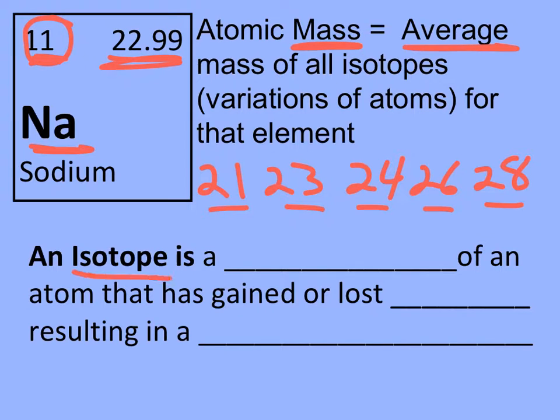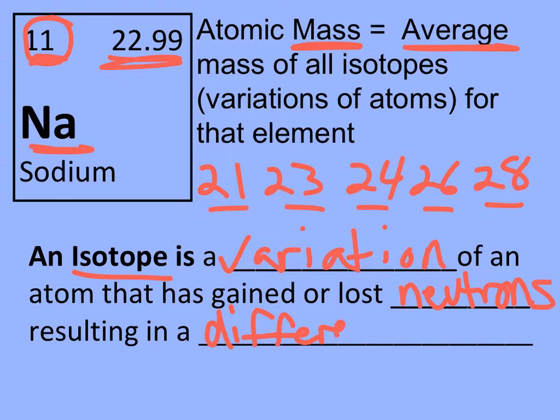and we call those isotopes. So an isotope is a variation of an atom that has gained or lost neutrons, resulting in a different mass.